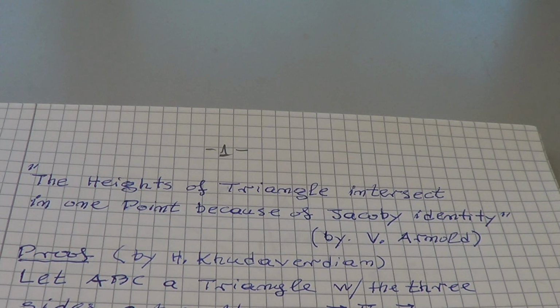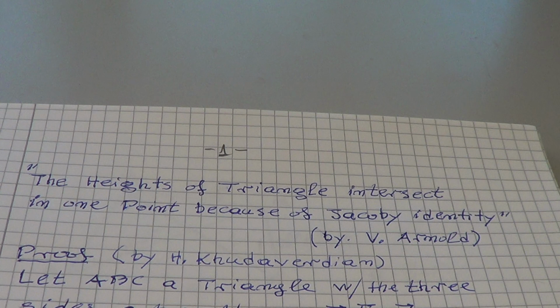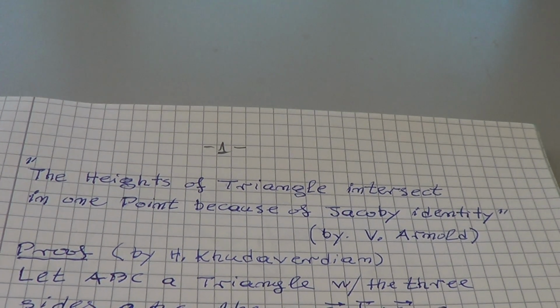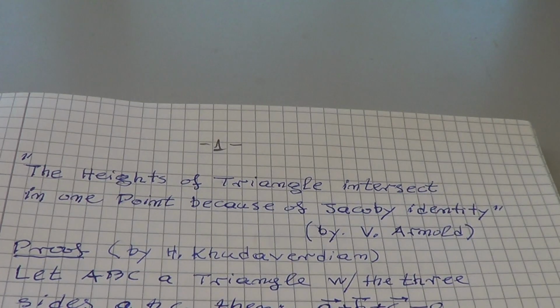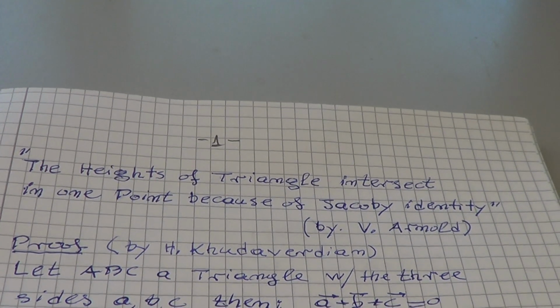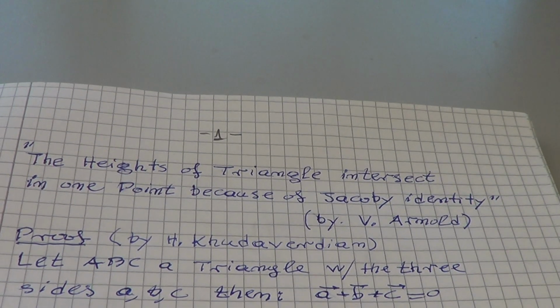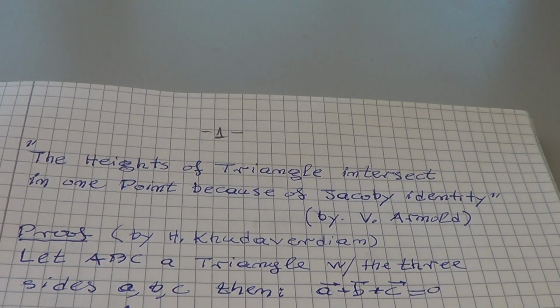This expression was made by a Soviet mathematician named Arnold, and the proof was made by another Soviet mathematician named Kudaverdyan. His proof is on the web, and you can go and see his proof.